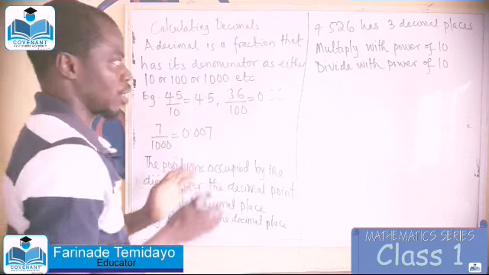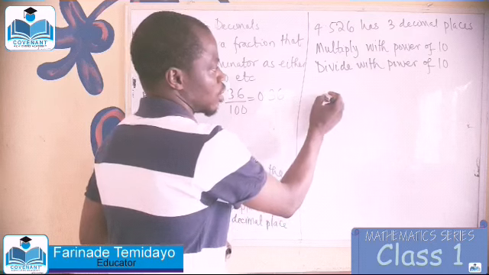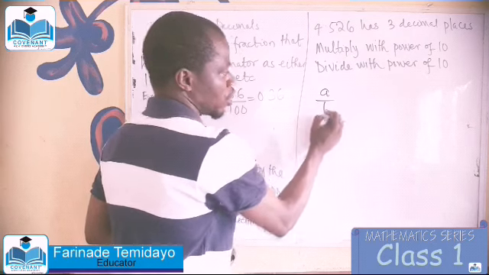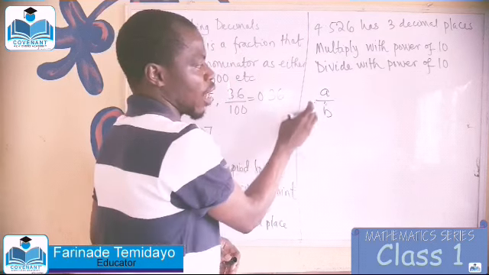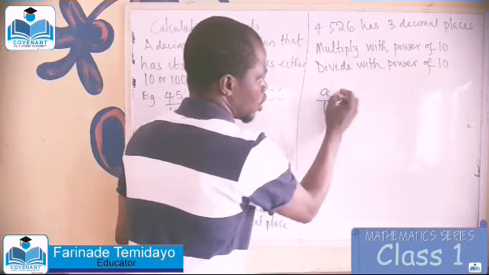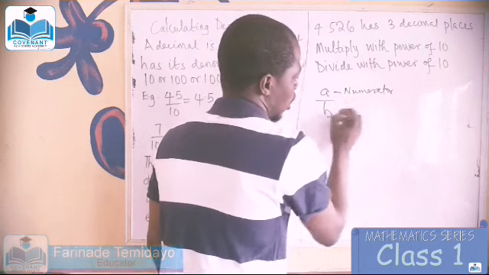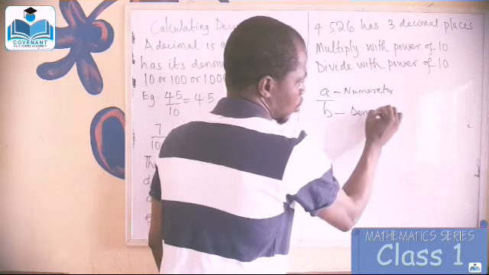Once you have a fraction, and when we say a fraction, it is a number that is written in this form, a over b. This is a fraction. This is what we call the numerator, and this is what we call the denominator.